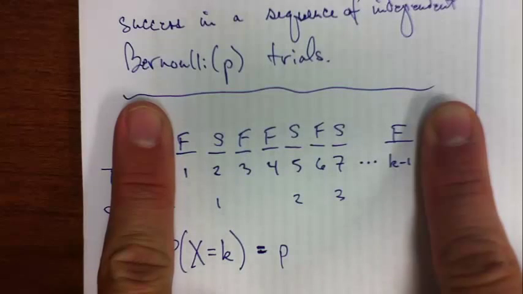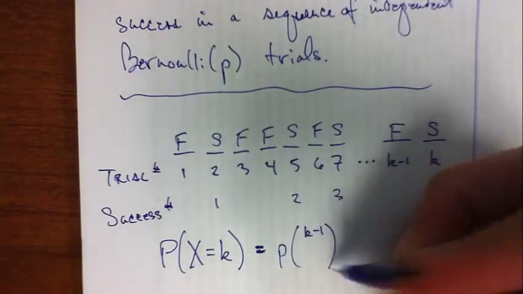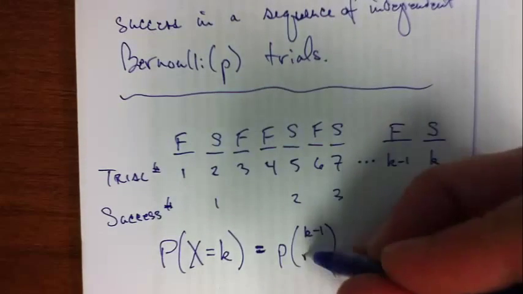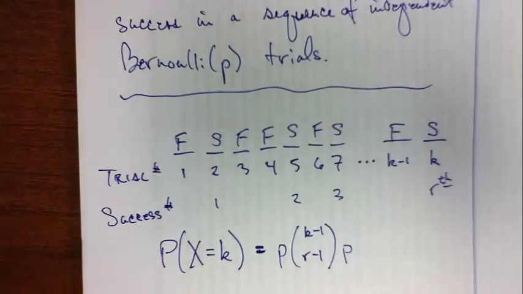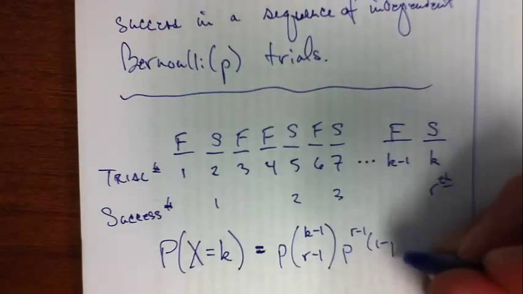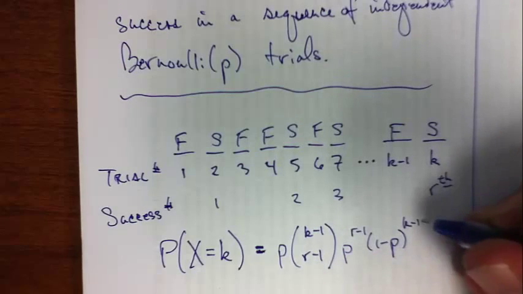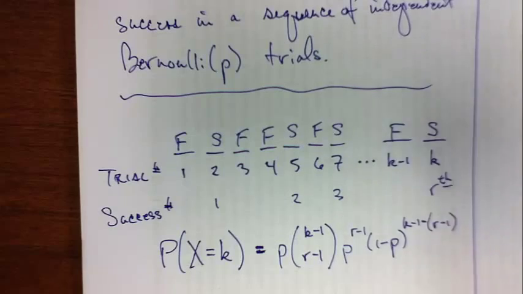What's the probability that I see that? Well, that's just a binomial probability, isn't it? Okay, so I've got k minus 1 choose r minus 1, times p raised to the r minus 1 times 1 minus p to the k minus 1 minus r minus 1, right?